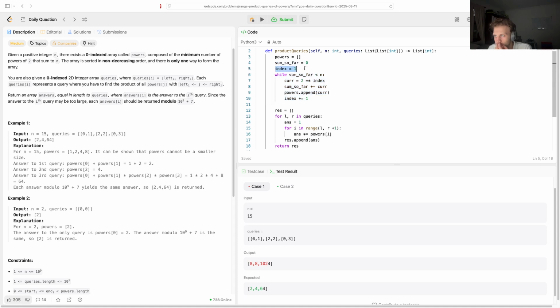You have to find the first smallest power of 2. Like if it's 32, for example, right? The best way to do it is to find the bottom one, which is 16.